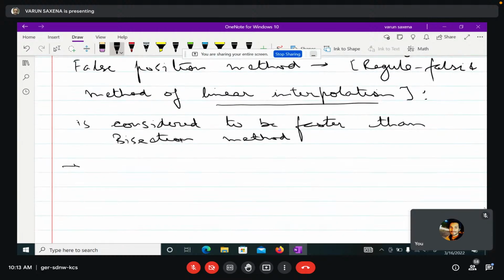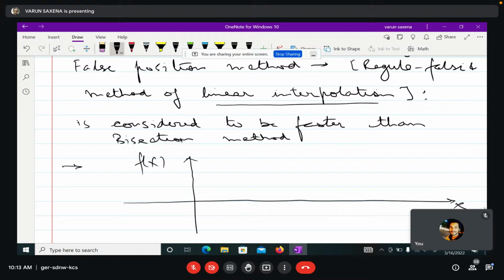So you have some function f(x), and let's say that it goes like this. So this is actually the root, right? This is where we want to be.